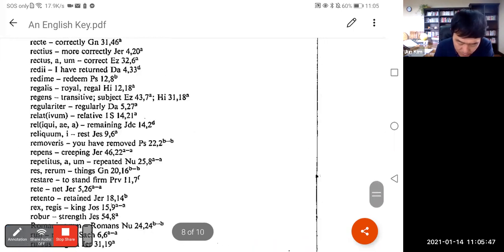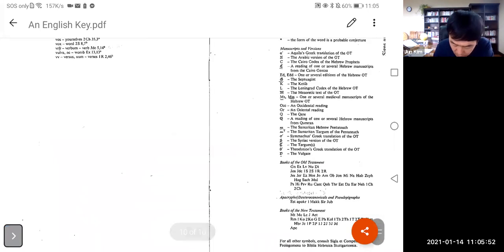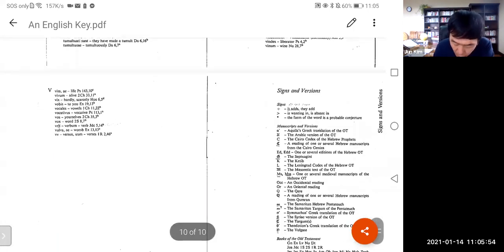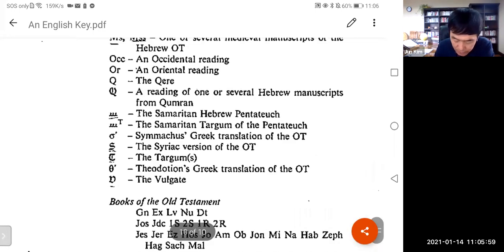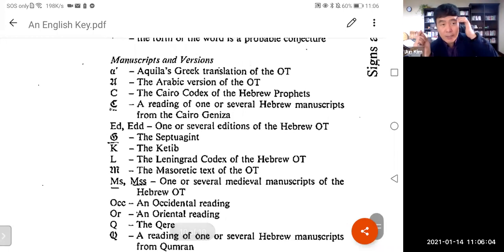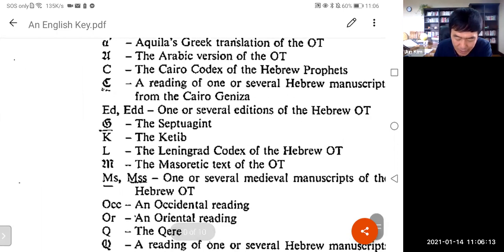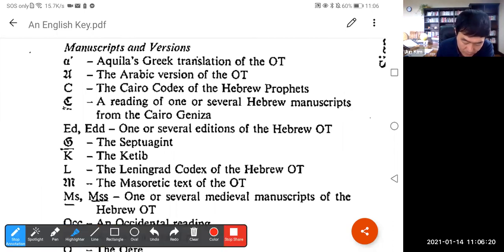And there is some information. Go to the last page. I think this is something that you need to pay attention to. Apart from the Latin words, you need to understand the signs of manuscripts and versions. They will not put the name of each manuscript and version. Instead, they are going to use those signs.